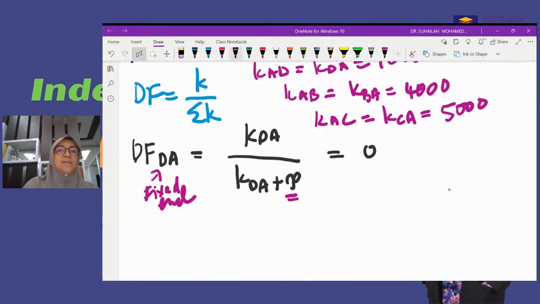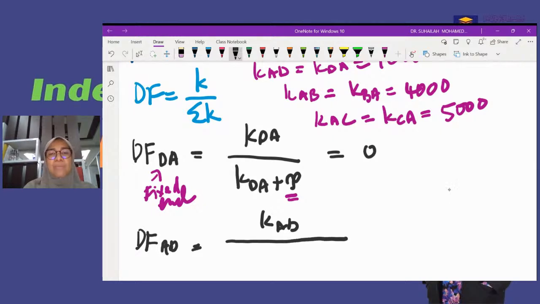Next, DFAD is equal to KAD, the member stiffness, divided by K joint, the joint stiffness. A connects with AD, A connects with AB, A connects with AC.